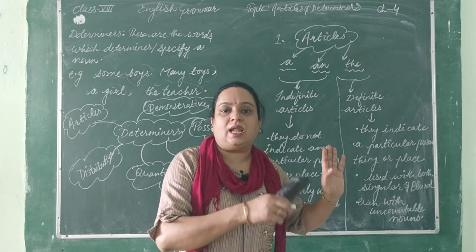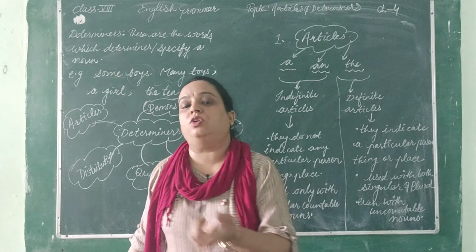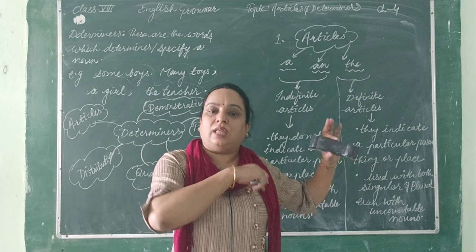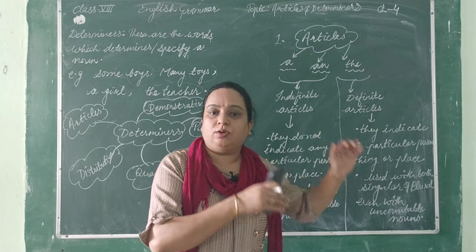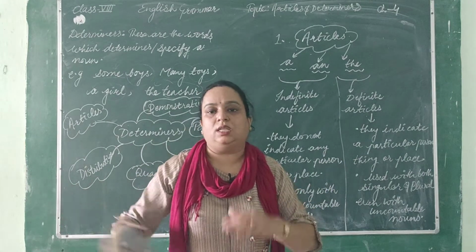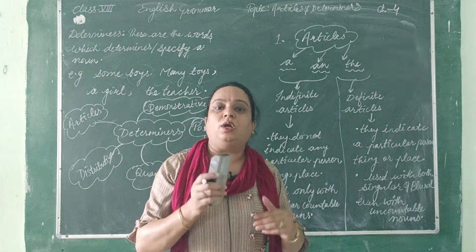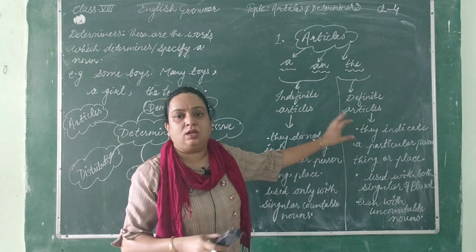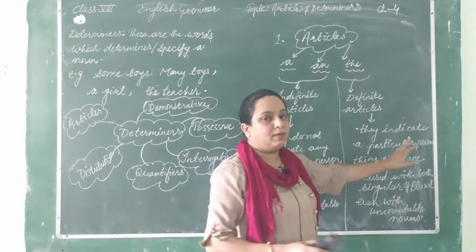In the first sentence I have used I have purchased a book. The book was very interesting. Here the book which I have purchased, I am using in the second line, because that has become particular. I am talking about the book which I purchased yesterday, the book is very interesting. So I am talking about the same book, means the book is particular now. So the is used with particular subjects, particular things, places or persons.